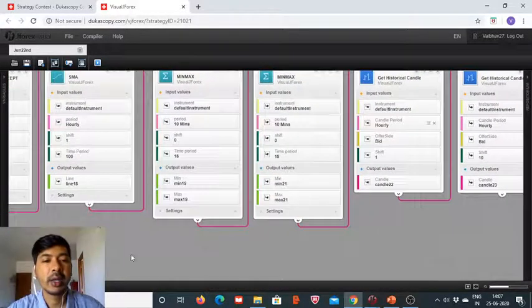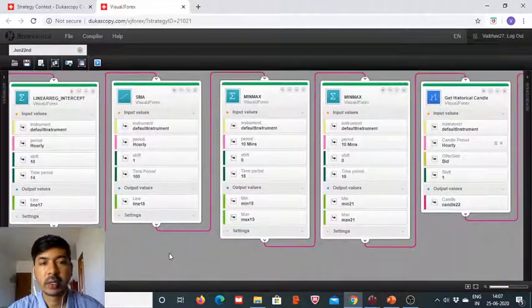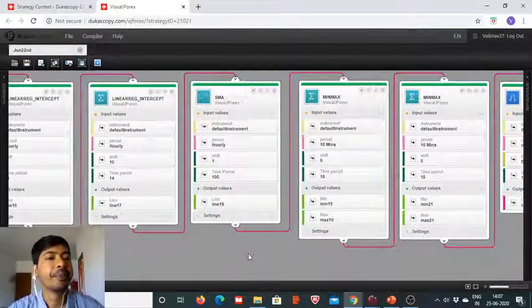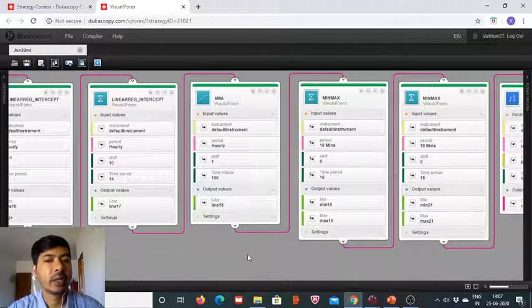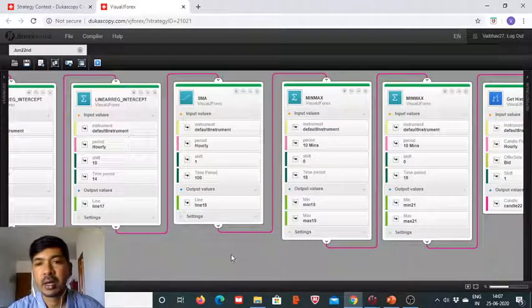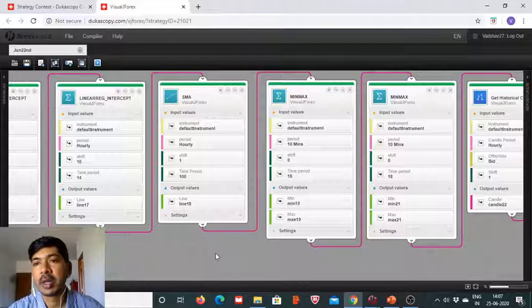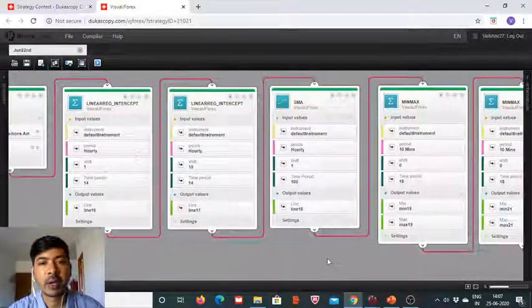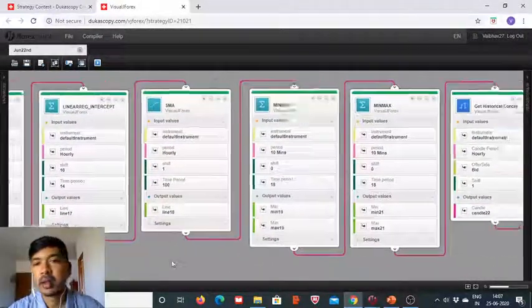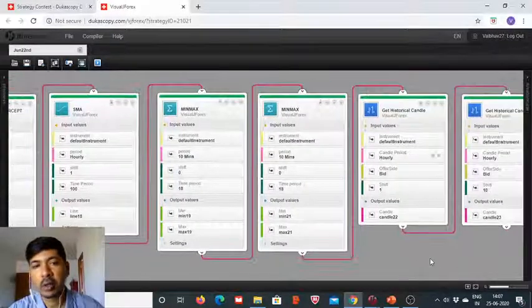Now I think we should also get the calculation done for defining the 40% of the ATR. So let me see if I have brought in the ATR. No, ATR needs to be brought in on the daily time frame.